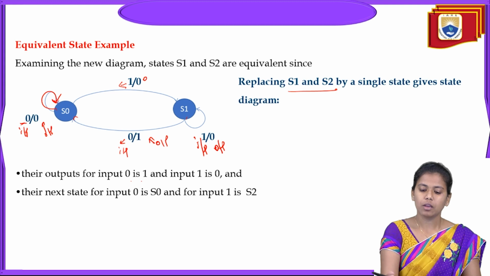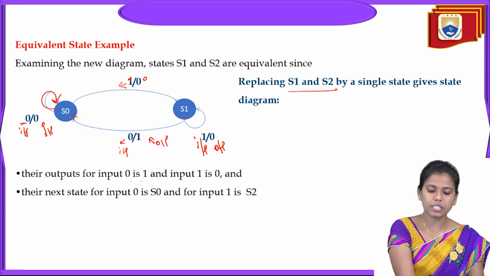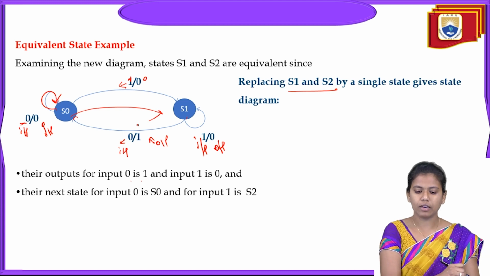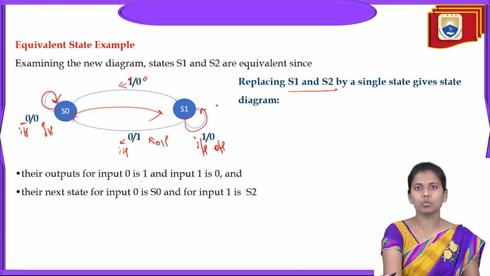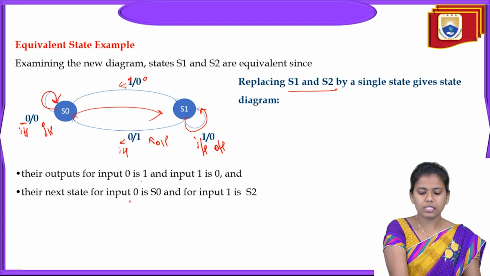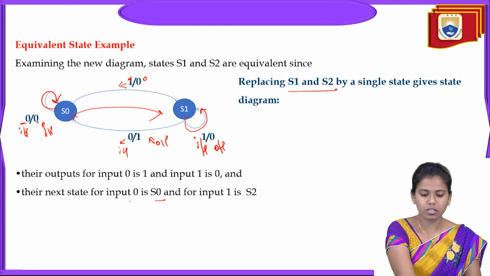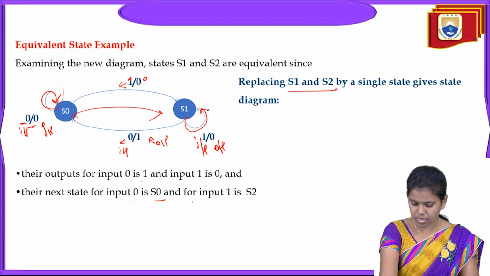In the other case, when the input is 1, the transition takes place from S0 to S1. And when the input is 1, S1 stays in the same state. So the next state for input 0 is S0, and for input 1 is S1.